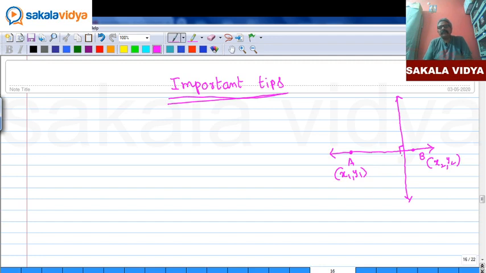It is not a perpendicular bisector, just perpendicular. Say this line is L, passing through the point C, x3, y3. Now, how to find the equation of this one? Anybody?